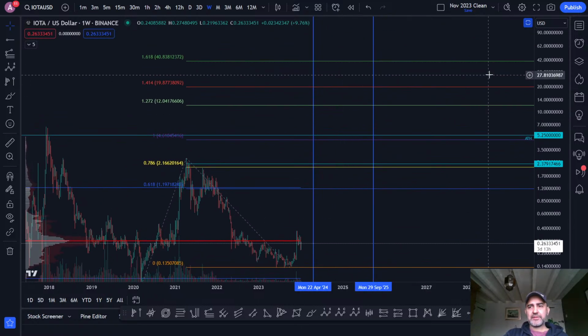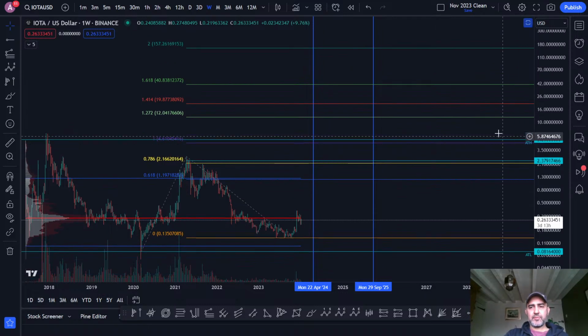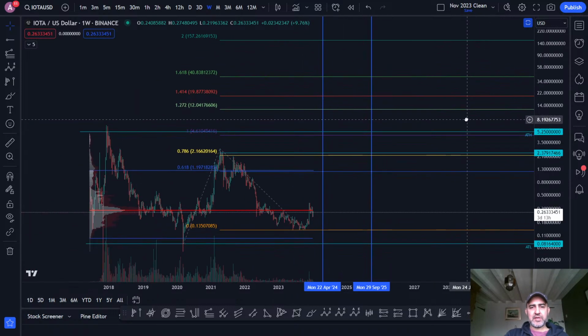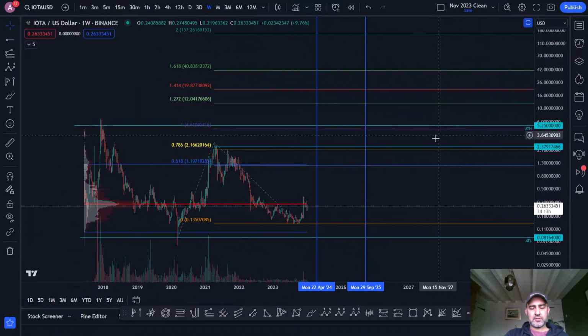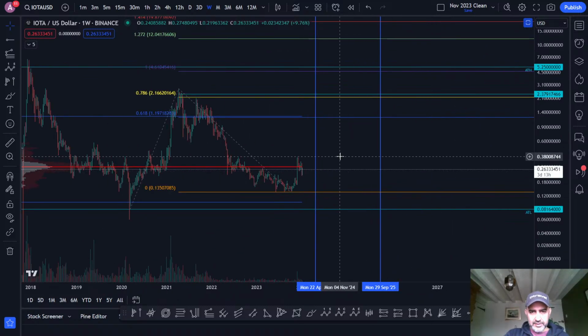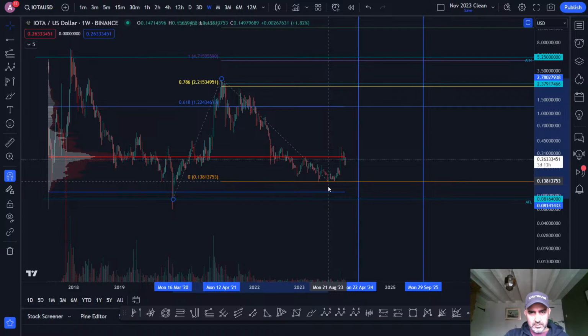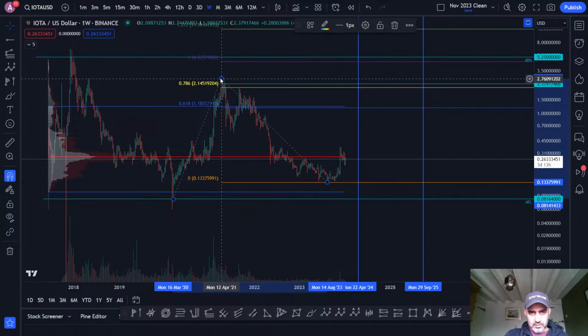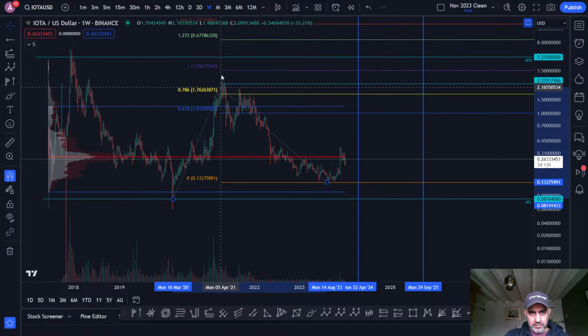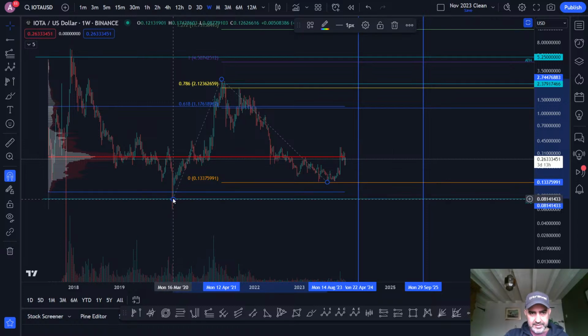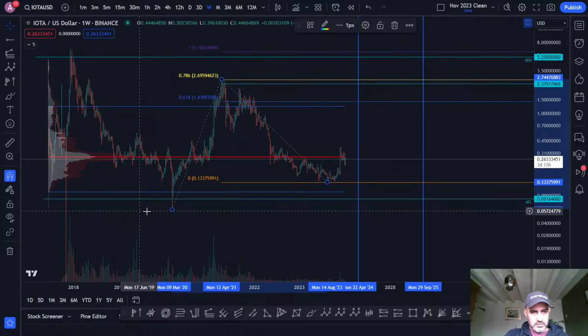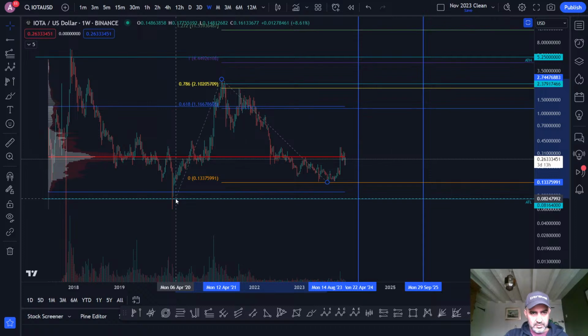And then these are your higher time frame targets, the 1.618 would be the really nice higher time frame target. Let me draw this out a bit more accurately. That's correct. Is it still the all-time low?